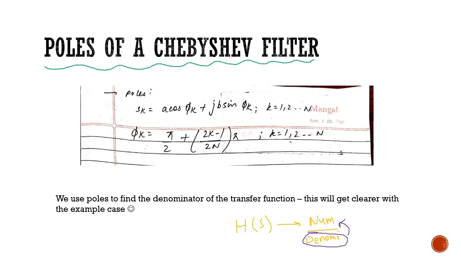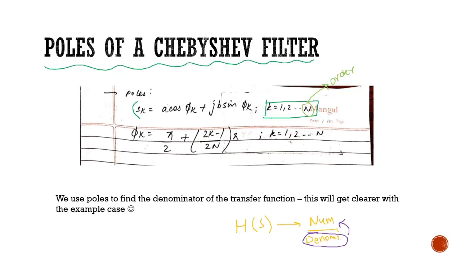So the poles are given by S_k equal to a cos phi_k plus j b sin phi_k. Now observe this. k goes from 1 to n, n being the filter's order. So if our order is 2, k is going to be 1 and 2.